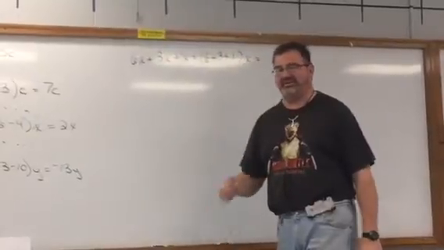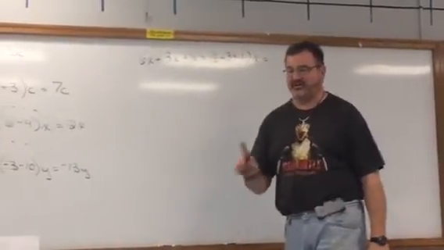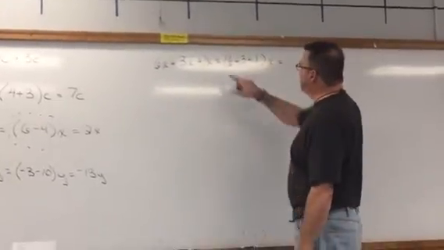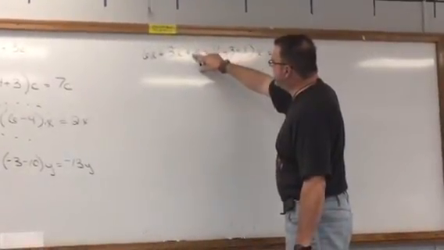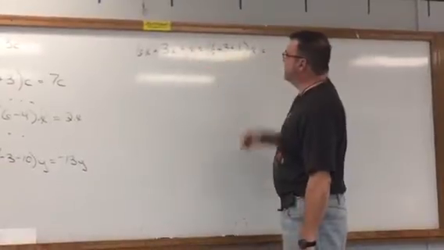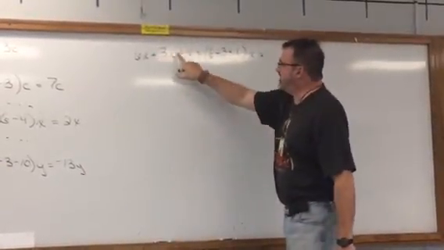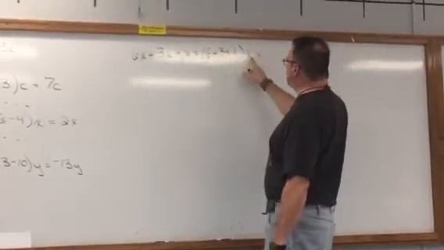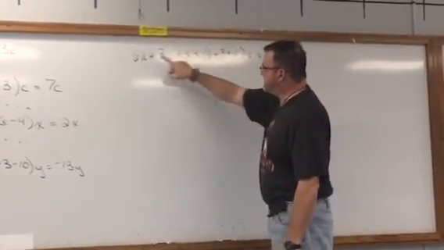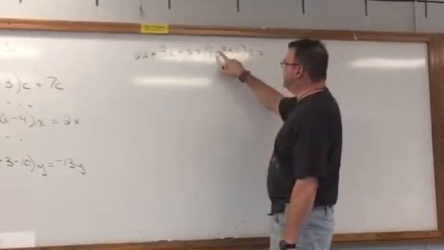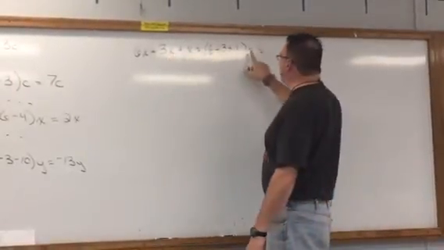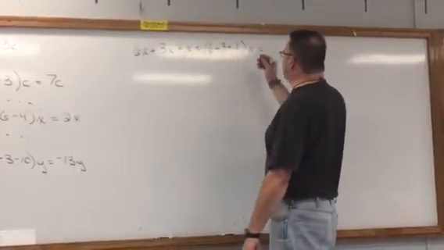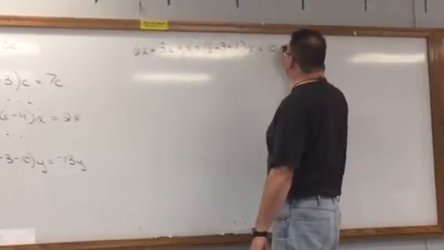Remember, any variable that does not have a coefficient, a number being multiplied by it, has a 1. Because when you do the distributive property, x times 6, 6x. x times 3, 3x. x times 1, 1x. And then I combine them.